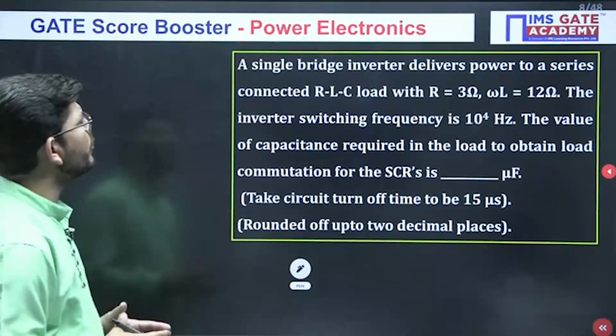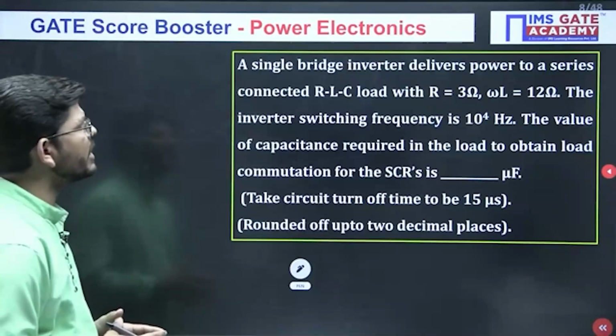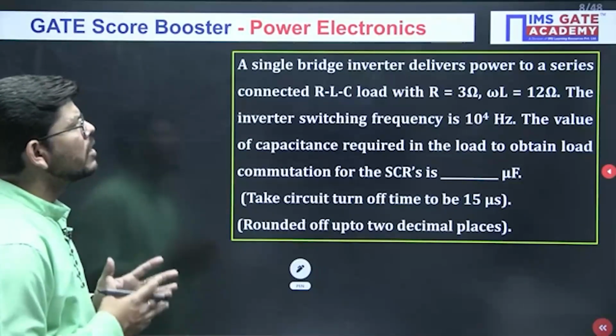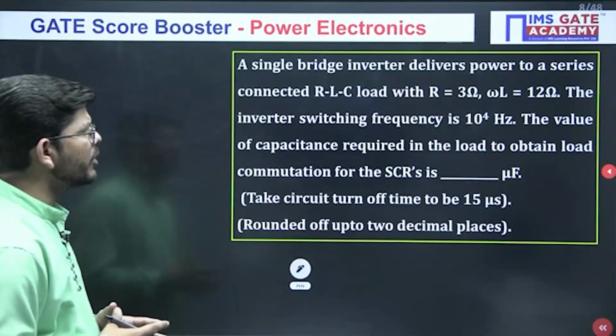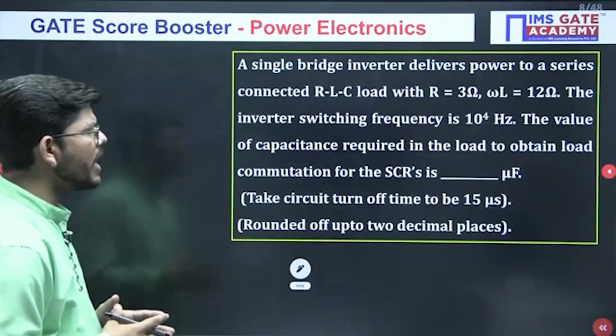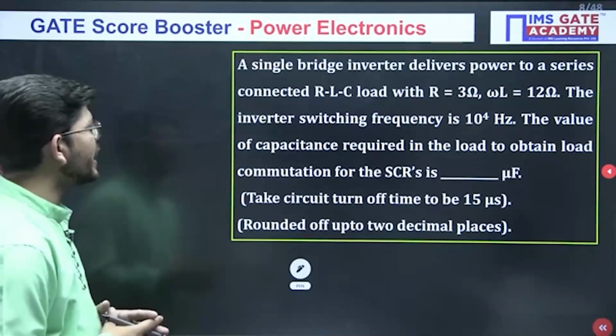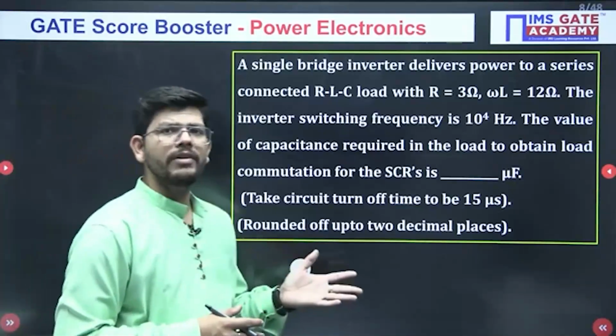So in this question, what do we have? A single bridge inverter delivers power to a series connected RLC load with R, omega L are given. The inverter switching frequency is 10 to the power 4 Hz. The value of capacitance required in the load to obtain load commutation for the SCR in microfarad will be what?